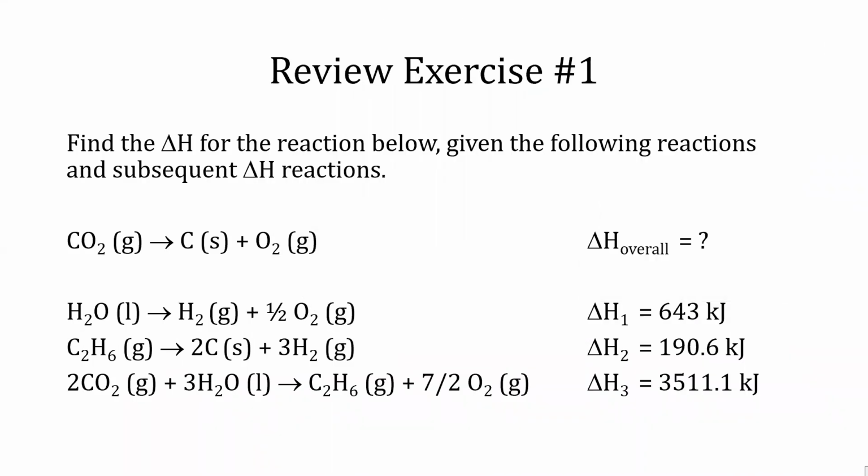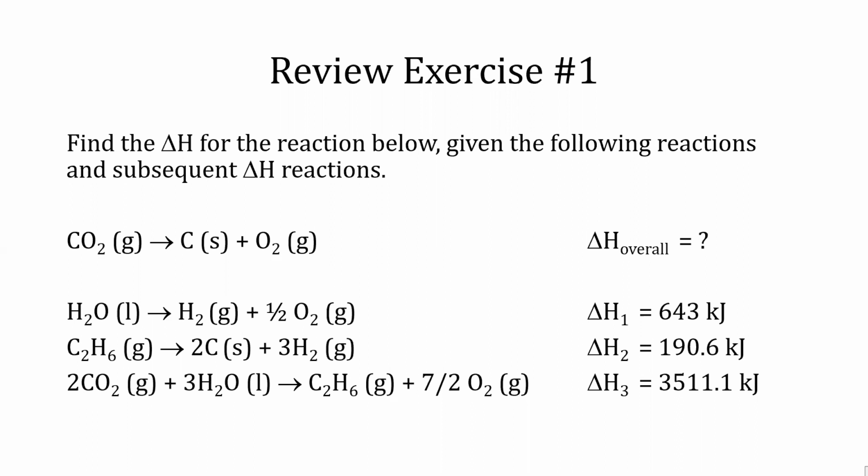Here are a couple of review exercises for you to try. Review exercise 1 is find the delta H for the reaction below given the following reactions and subsequent delta H reactions. CO2 forms C plus O2, delta H overall equals blank. H2O forms H2 plus half O2, delta H1 equals 643 kJ.